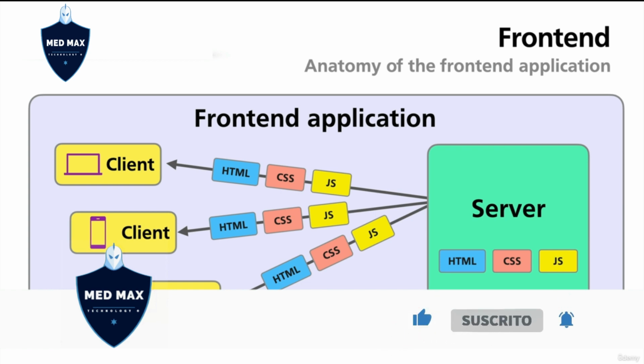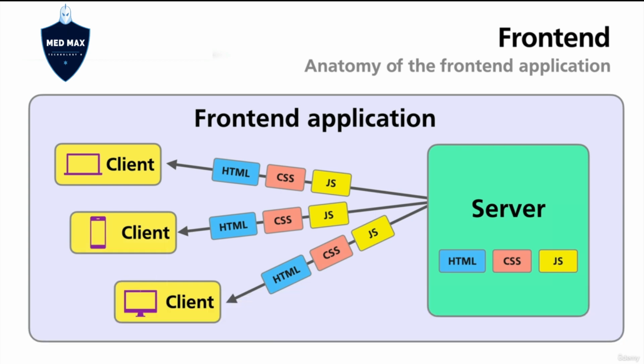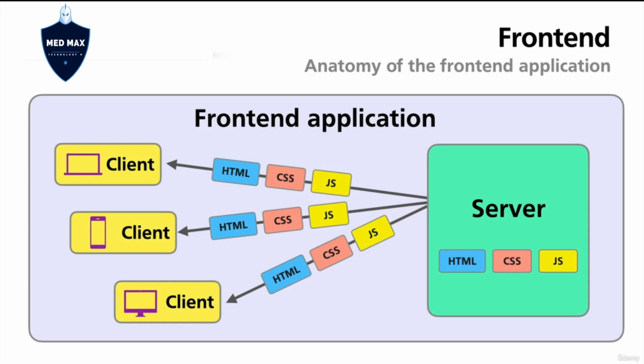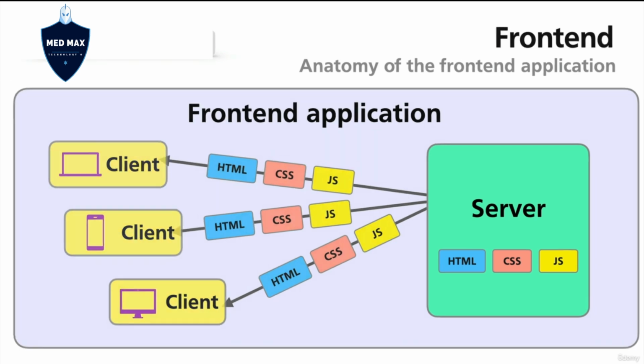That's how each front-end application essentially works. Also, during the life cycle of front-end applications on the client devices, they might send additional requests to the servers asking for some additional data, like images or text information retrieved from the databases. Or they might submit some data from the users to the servers.